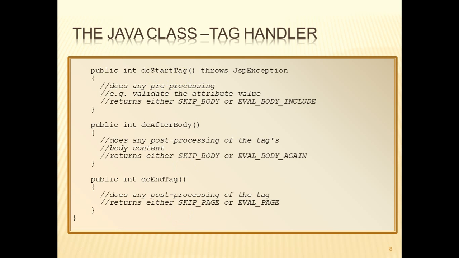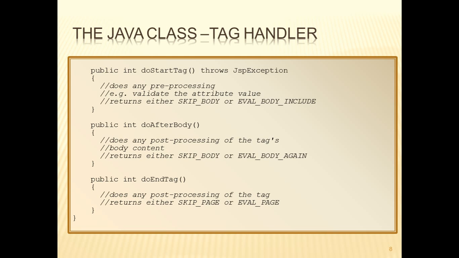And then the doAfterBody method, and finally the doEndTag. Now, doStartTag is going to be called so that you can do some pre-processing, such as validating the values of the attributes to make sure that they are suitable or within range, or they meet the business rules, or whatever it might be.